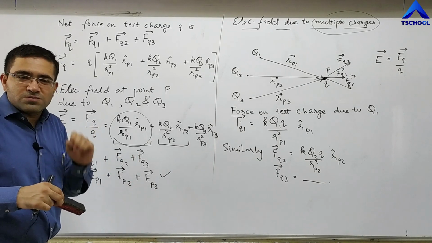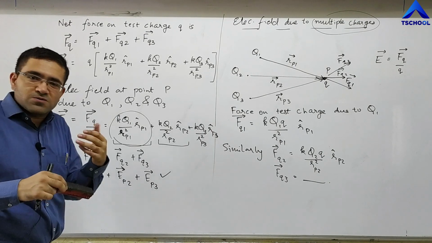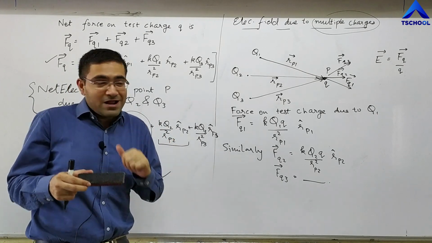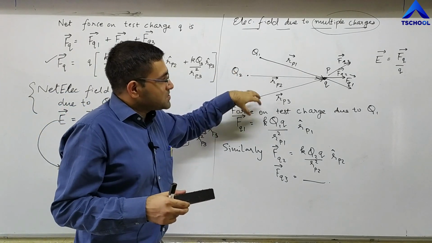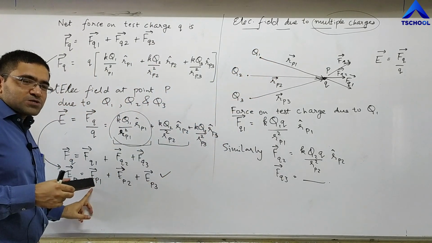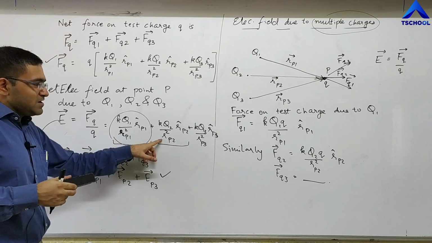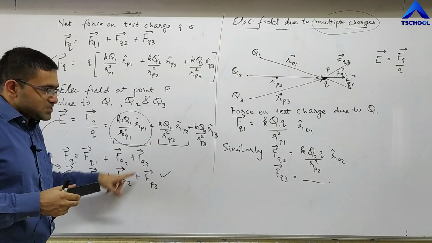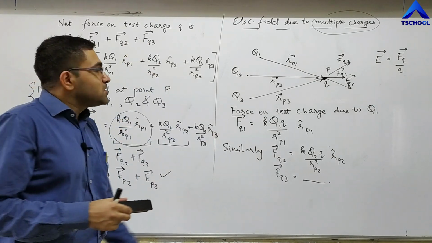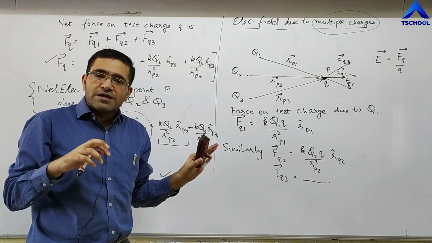Just like in Coulomb's law or Coulombian forces, the presence of a third charge does not affect the forces between charges Q1 and Q2. Just like that, the presence of other charges does not affect the electric field created by the first charge, or the presence of 1 and 3 doesn't affect the electric field created by the second charge. It still remains kq2 by rp2 square rp2 hat. Now keep this important lesson in mind.